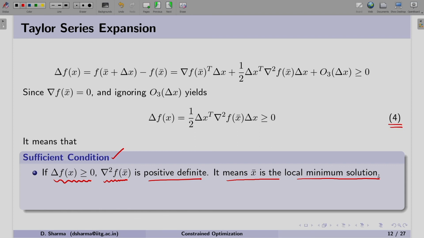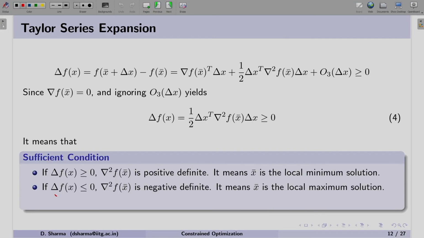Similarly, if we use the Taylor series expansion for the maximization problem, what we will see is that if delta of f of x is smaller than 0 and the Hessian of the function at x bar is negative definite, then we can say that x bar is the local maximum solution.